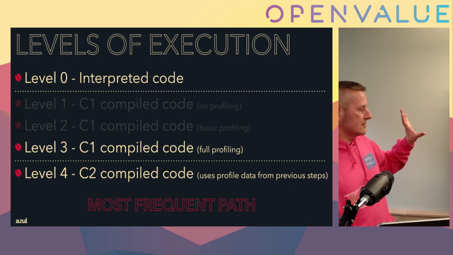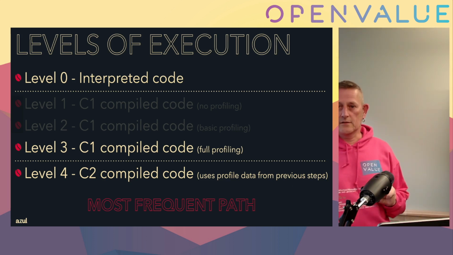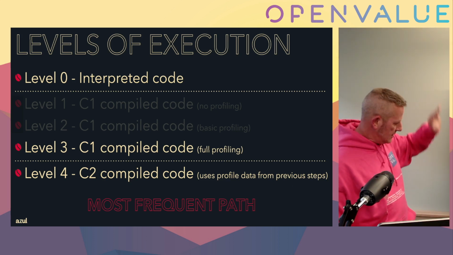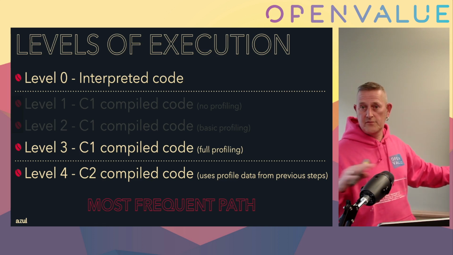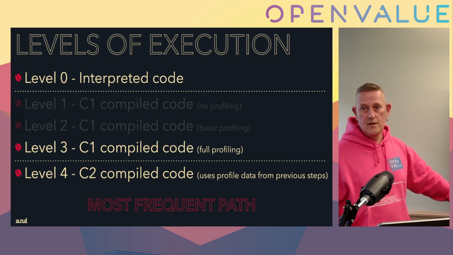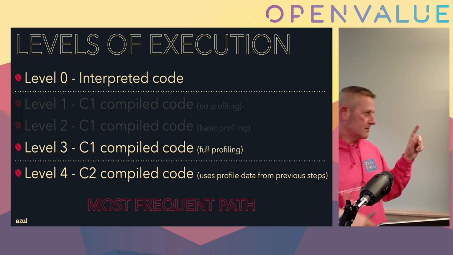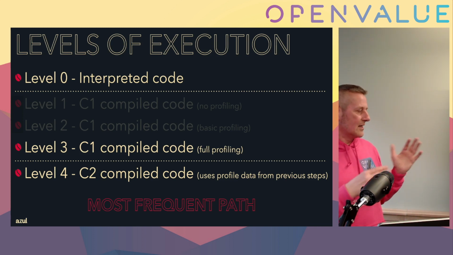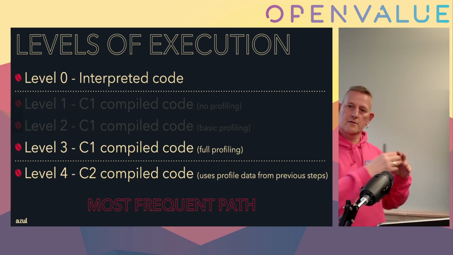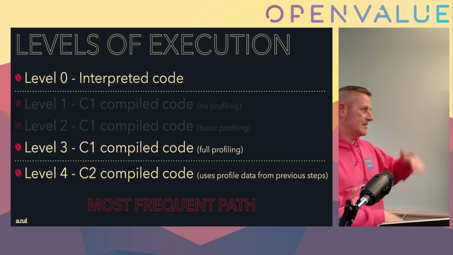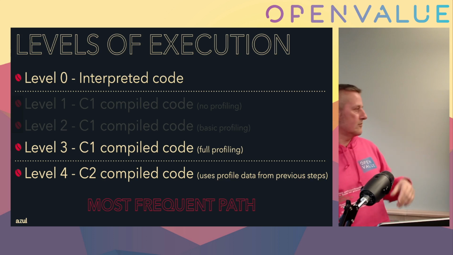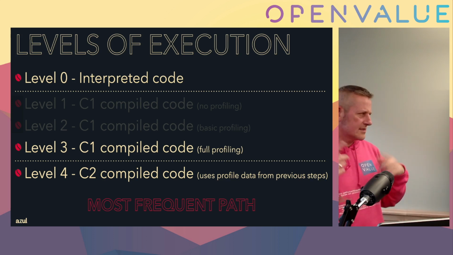And usually this is the ideal, standard way: we have interpretation, level 3 means C1 with full profile, and then it goes into C2. But this is not always the case. There are lots of different cases where code, for example, can't be compiled in C2 because the queue for C2 is already full, so it stays in C1, and when the queue is empty, it goes to C2, and all these things.